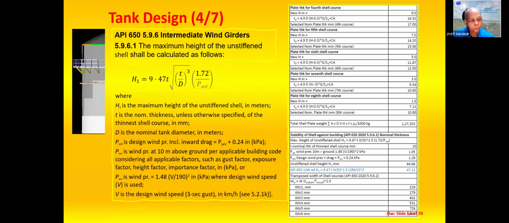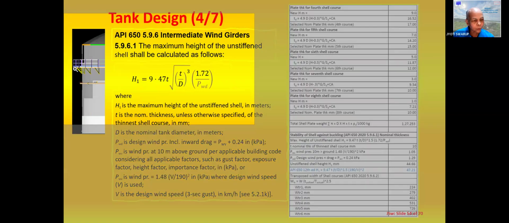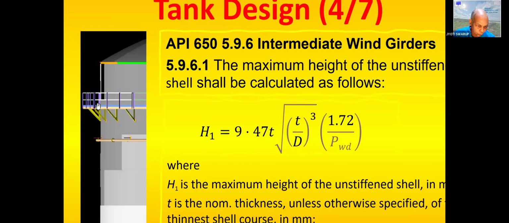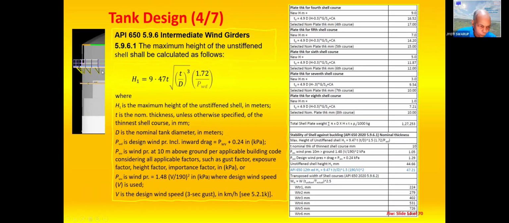Now the other item which comes is wind girders. Wind girders are basically the additional stiffening that you provide onto the shell, which you see here. Those wind girders also need to be designed in the larger tank to make sure the wind loading does not affect or damage the tank.